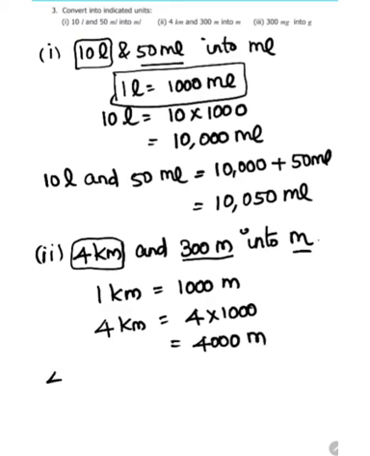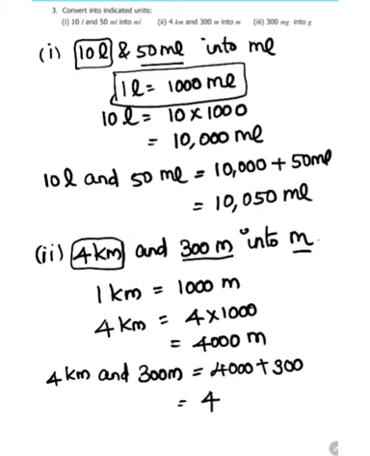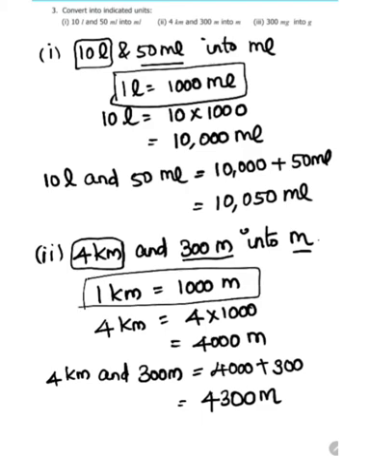So 4 kilometer and 300 meter is equal to 4000 plus 300, so 4300 meter. So you have to change this kilometer as meter. 1 kilometer is 1000 meter, so 4 kilometer is 4000 meter. So 4000 plus 300 is equal to 4300 meter.